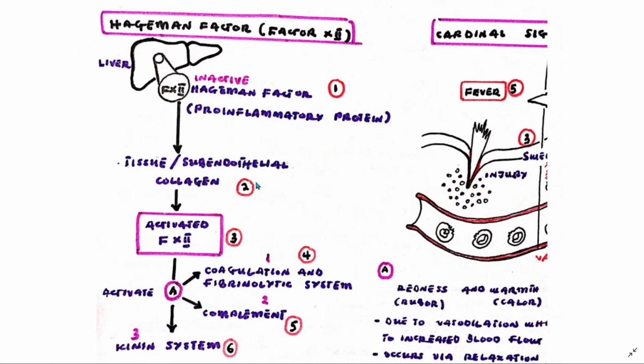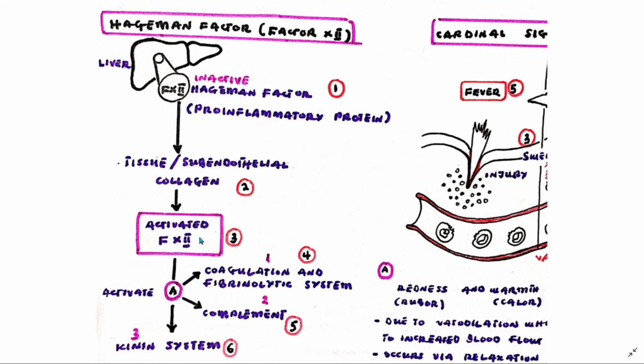And finally, let's look at the Hageman factor, or factor 12. So the Hageman factor, also known as factor 12, is an inactive pro-inflammatory protein produced in the liver. It is activated upon exposure to subendothelial or tissue collagen.